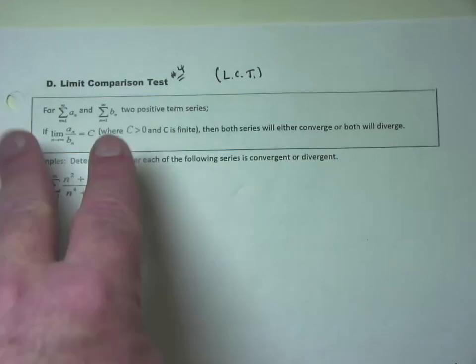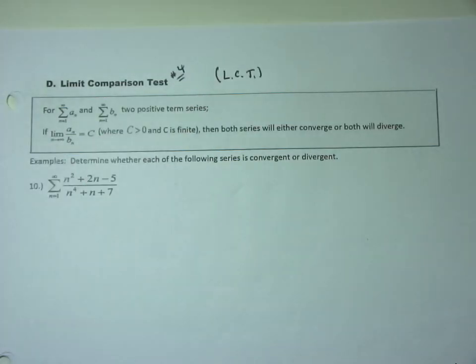Now, look at this one right here. The limit comparison test is actually, in my mind, a little bit stronger. I only use the direct comparison test when I can get a beautiful comparison: I added 5 to the denominator of something that was going to converge, makes the denominator bigger, overall fraction smaller. I can compare these two very quickly and get that inequality.